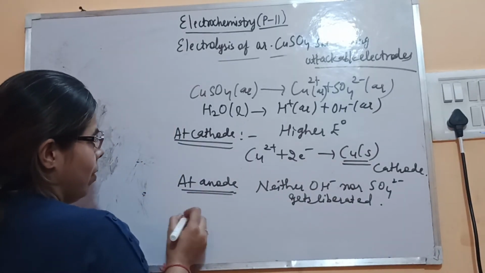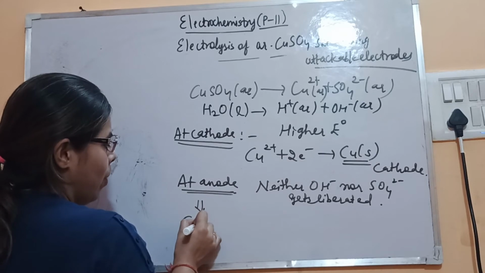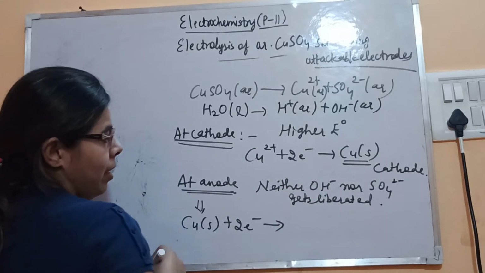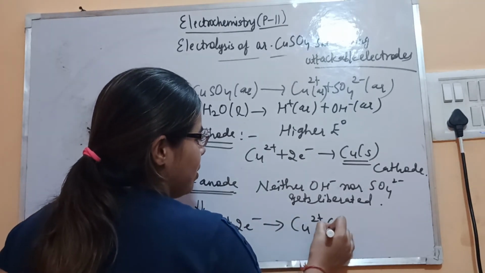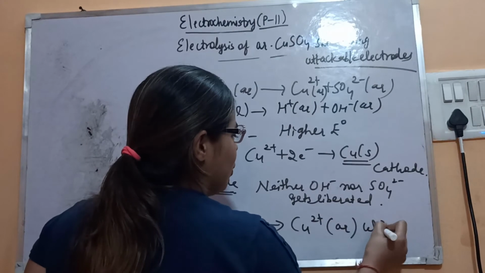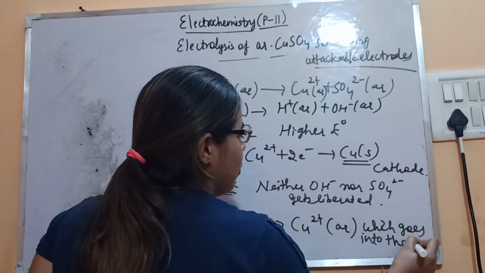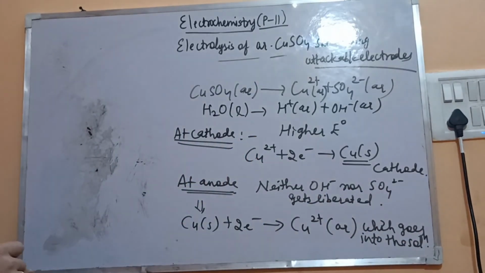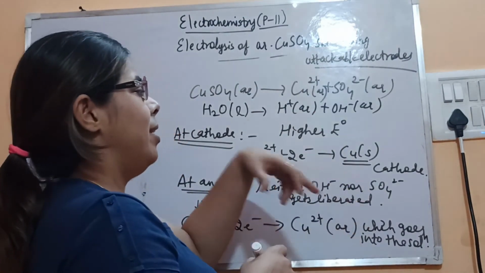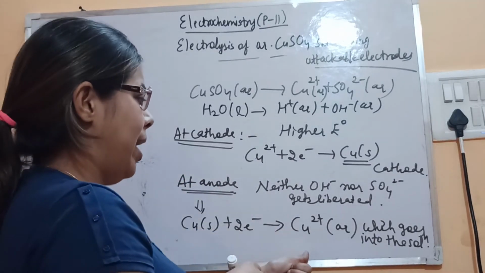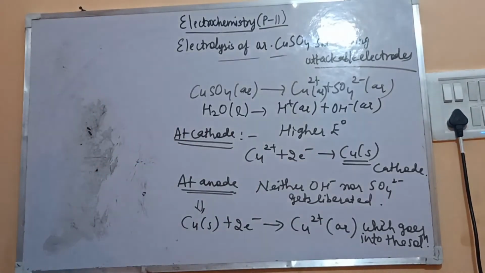From the anode, copper metal loses 2 electrons and changes to Cu2+ ion, which goes into the solution. So the Cu2+ ion from the solution accepts electrons and is deposited at the cathode, and an equivalent amount of copper from the anode loses electrons and is converted into copper ions, which go into the solution. This is what happens with attackable electrodes.